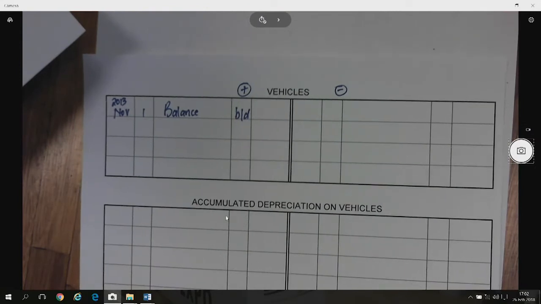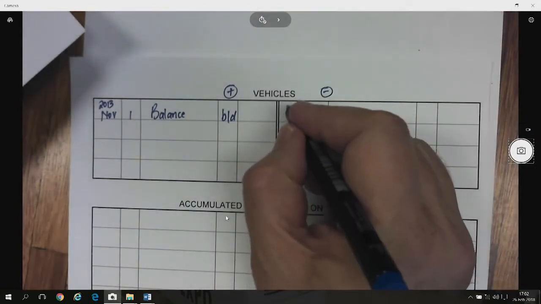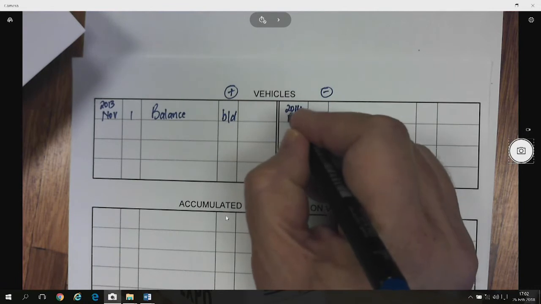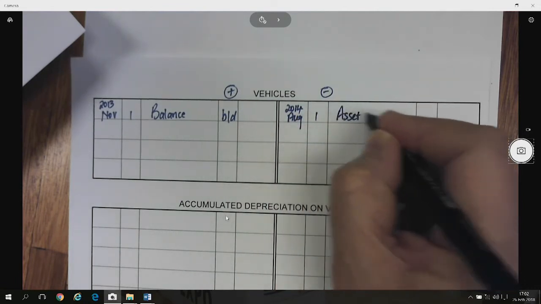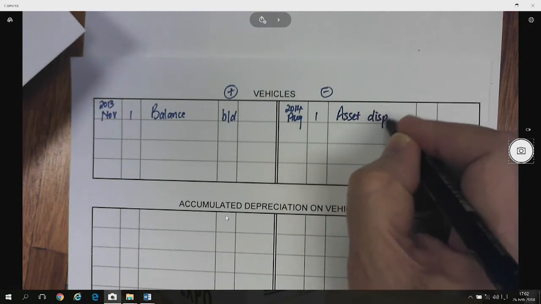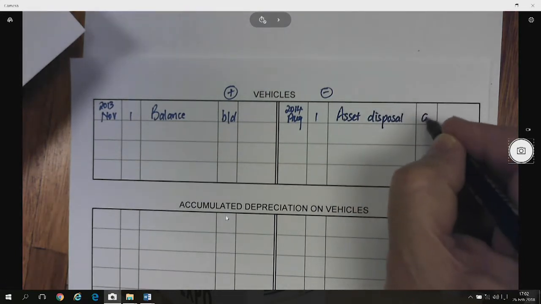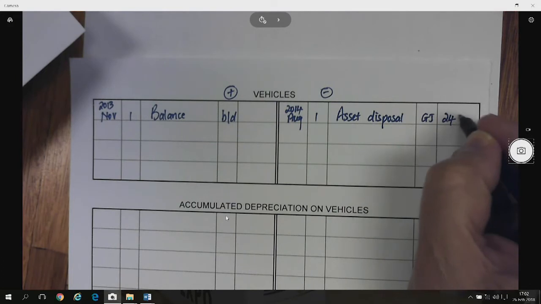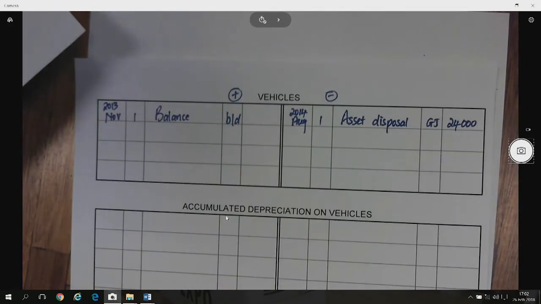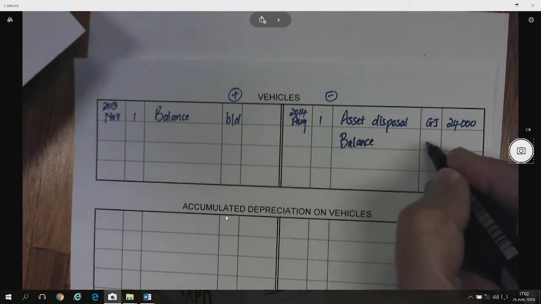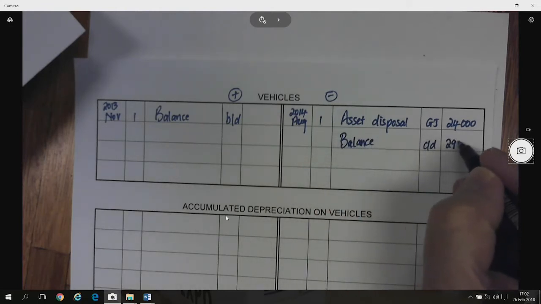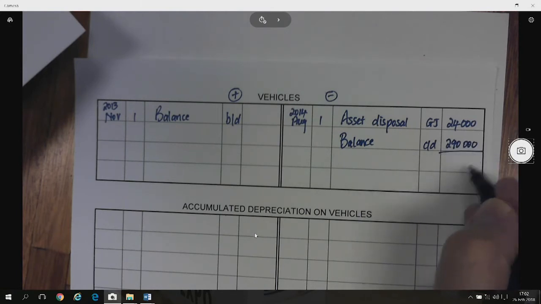The balance brought down was something, and then on 2014, August the 1st, they already took asset disposal. GJ, they already took 24,000 Rand to the asset disposal account, and the balance after that carried down was 290,000 Rand.